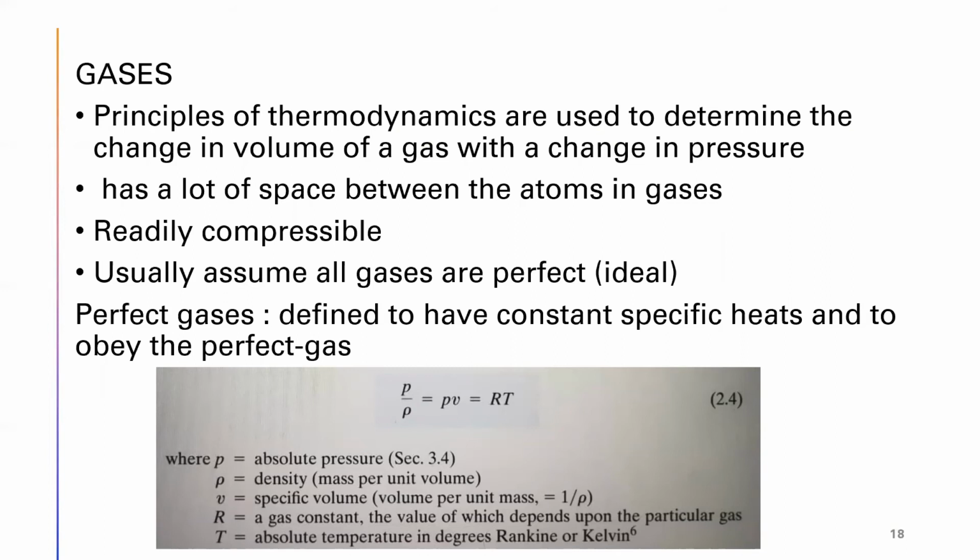Perfect gases are defined to have constant specific heats and to obey the perfect gas law, where the absolute pressure divided by density is equal to the pressure times the specific volume, which equals a gas constant, whose value depends on the particular gas, times the absolute temperature in degrees Kelvin.